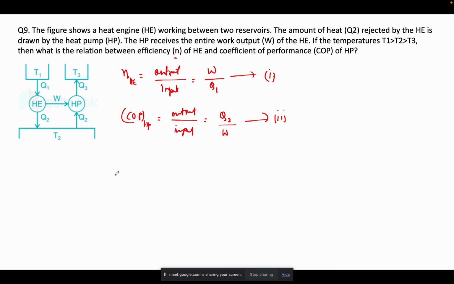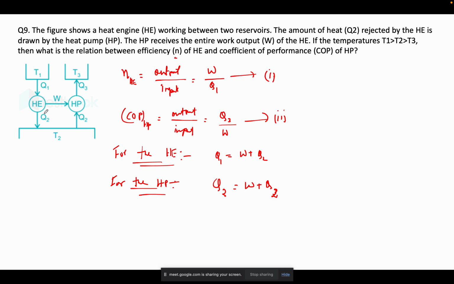Now for the heat engine, Q1 is what? W plus Q2. And for the heat pump, Q3 is also equal to W plus Q2. Is it correct? Q1 is equal to W plus Q2, and here also Q3 is W plus Q2.